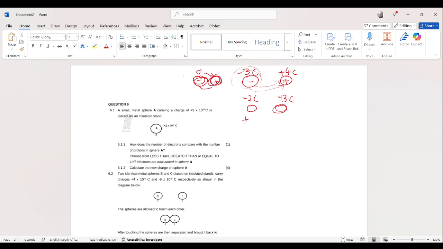We're going to be left with positive 1 coulomb. Mahlatsi, do you agree? Yes. Okay. So when those 4 electrons move to the positively charged object, what is it that we're going to have on the positively charged object?